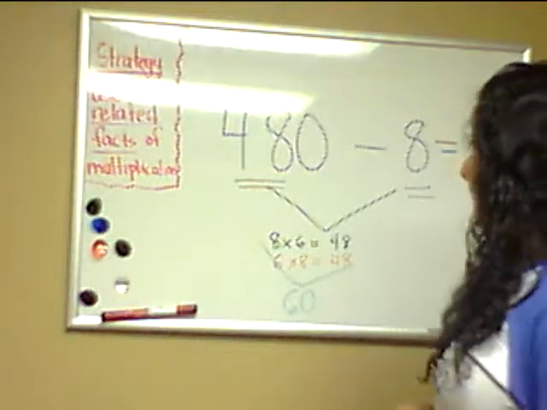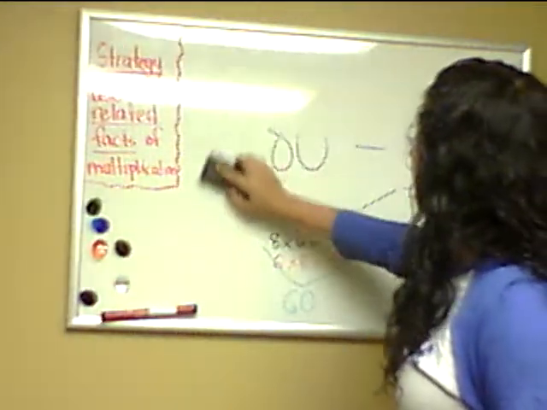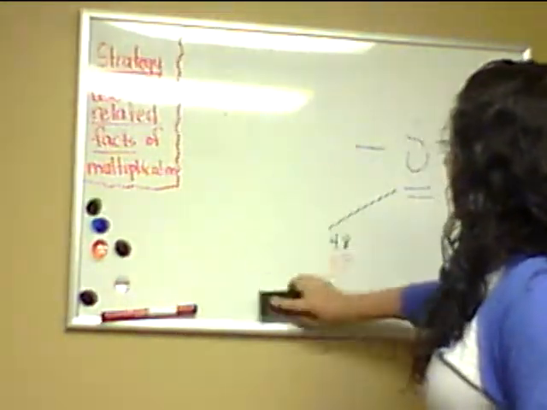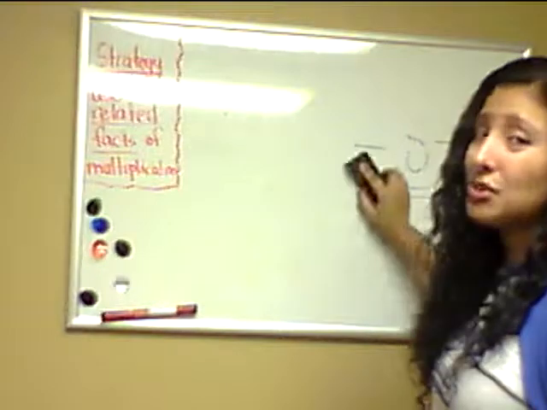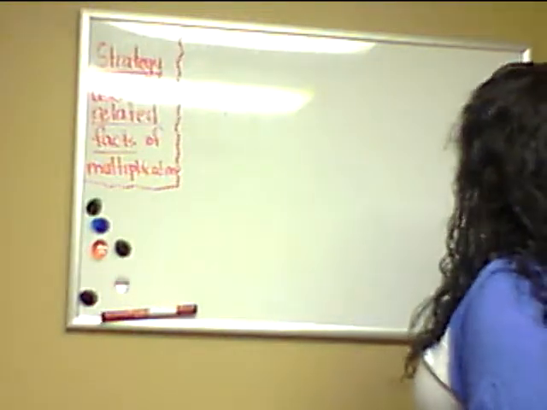Now, the last thing that I want to show you is a bigger number involving more zeros. But I still want to use the same strategy of the related facts of multiplication.